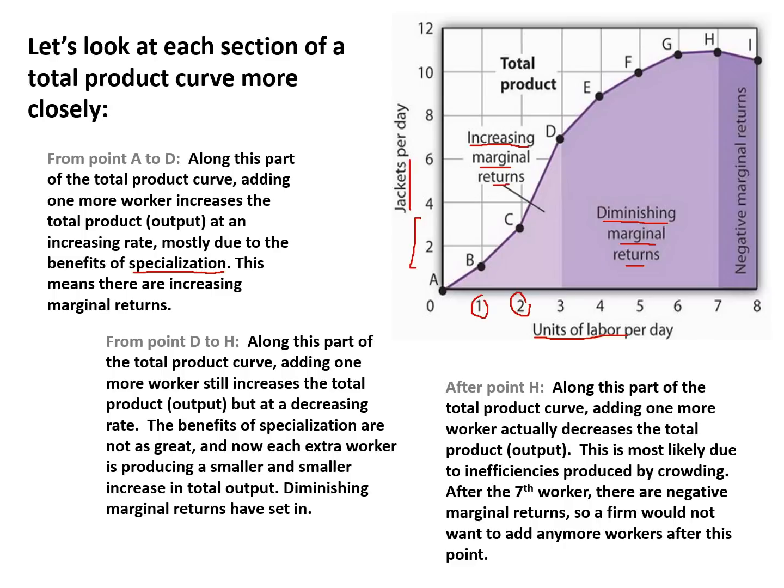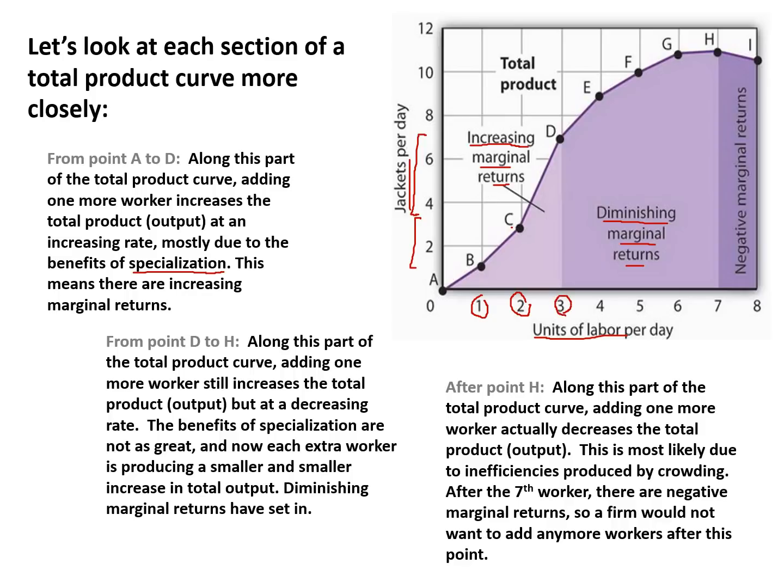For each additional worker, the output per worker, the number of jackets per worker, is actually going up. So the gap on the y-axis between C and D is wider than the gap on the y-axis between B and C, and B and C is wider than between A and B. So we're getting an overall increase in efficiency for each additional worker up to 3 workers.